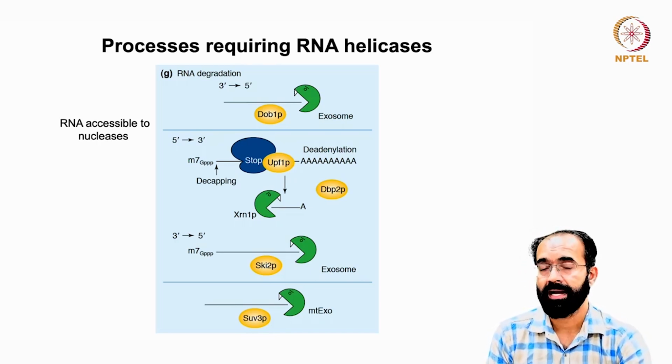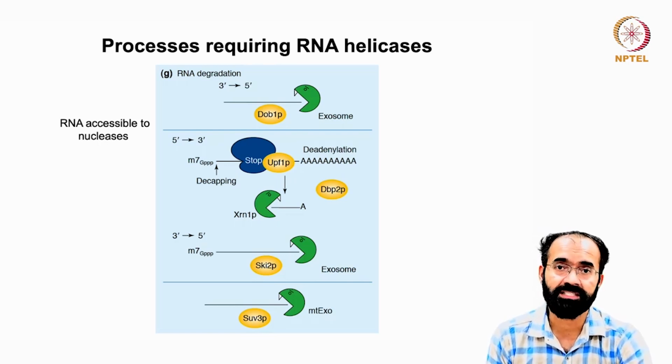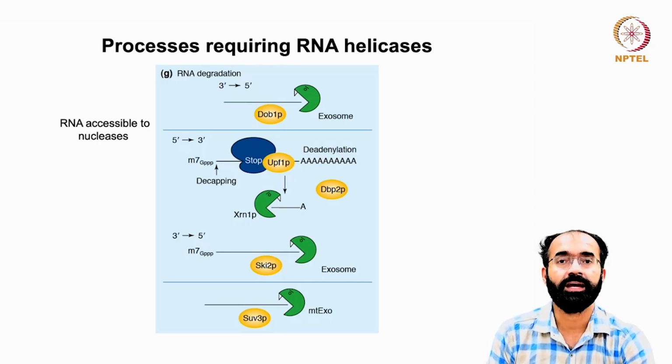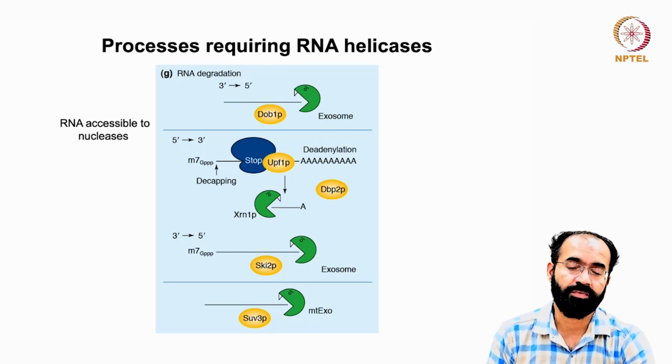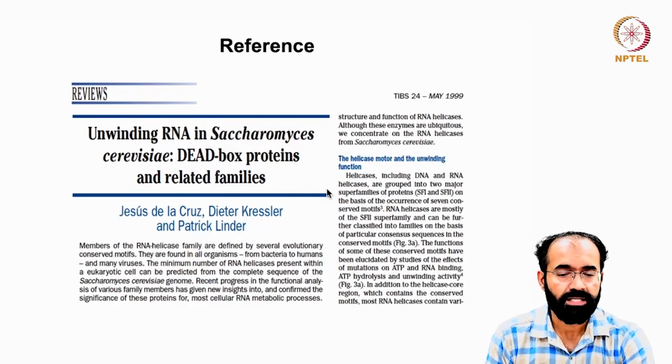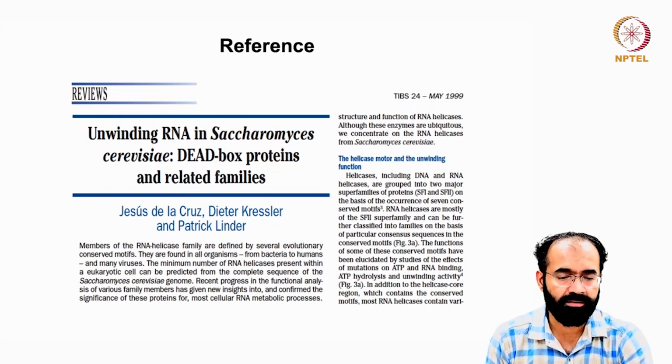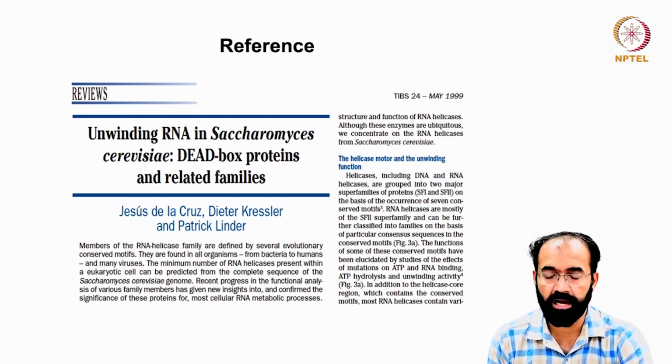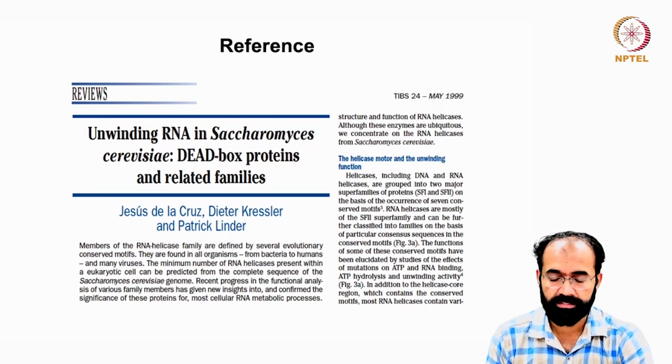Whether it is RNA biogenesis, maturation, export, translation, or degradation, it requires RNA helicases at different stages of RNA biology. So this is an article, Unwinding RNA in Saccharomyces cerevisiae: DEAD-box proteins and related families. It is a review article. Those who are interested can read it. It is quite an interesting article to read. It came in Trends in Biochemical Sciences.